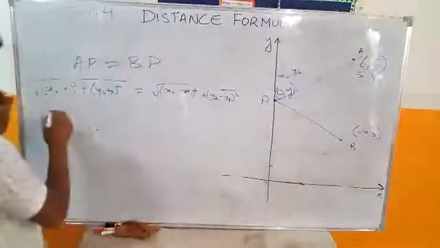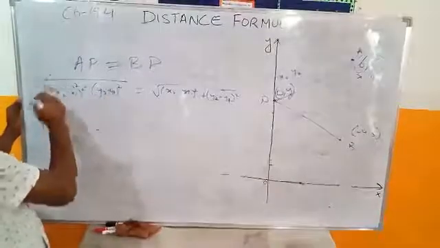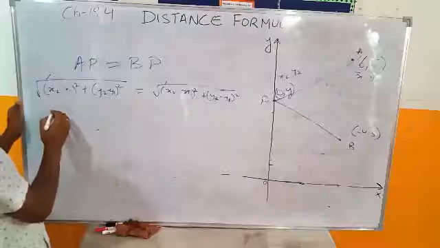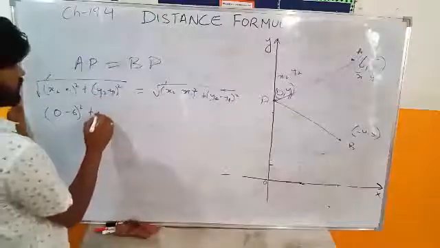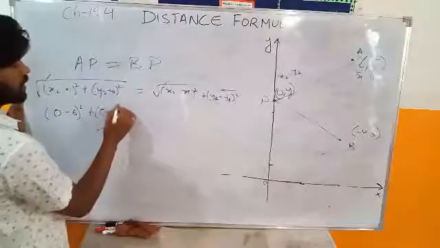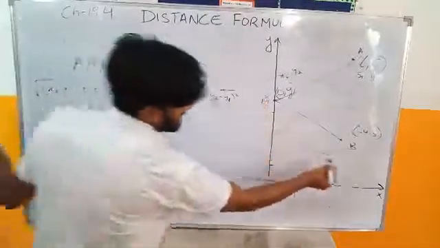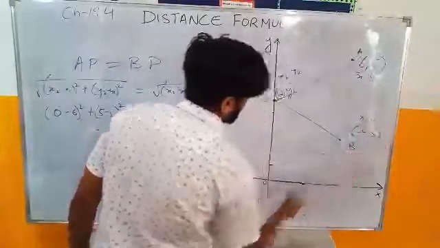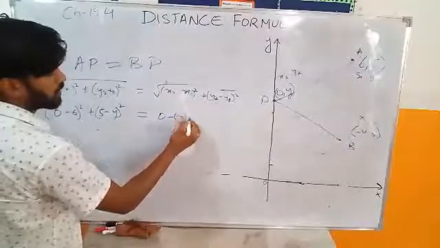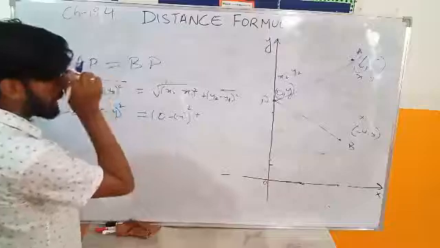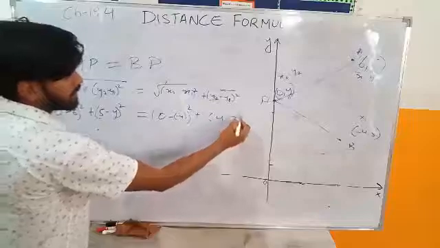So x2 minus x1, and there is a square root on both sides, so the square root cancels. So x2 minus x1 is (0 minus 6) whole square plus (y2, that is 5 minus y) whole square, equals, again x2, x1 and y1, (0 minus 4) whole square plus (y minus 3) whole square.